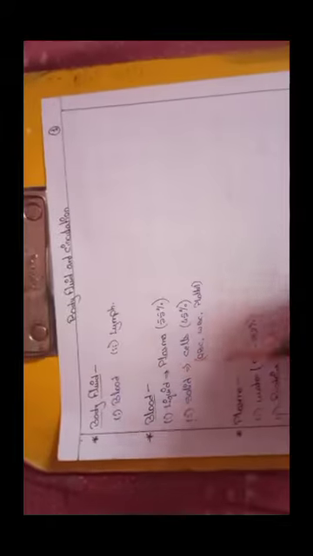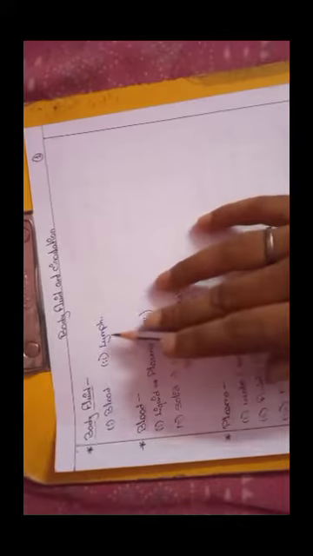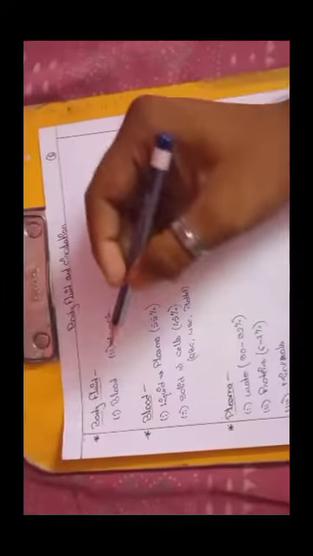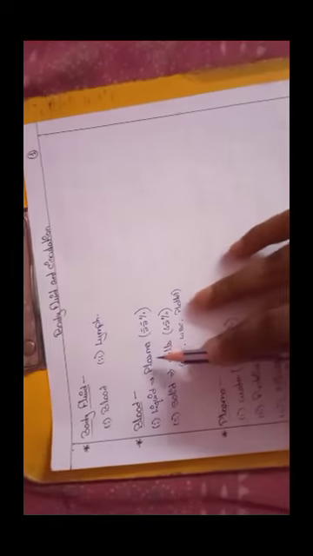Okay, so let's start. Body fluid: we all know that in our body there are two types of fluid, blood and lymph. In blood there is a liquid part and also a solid part.